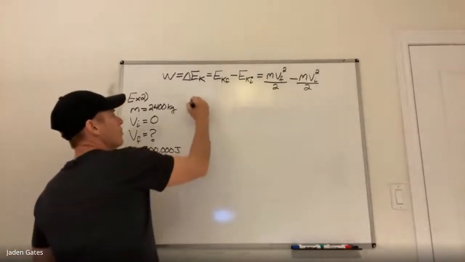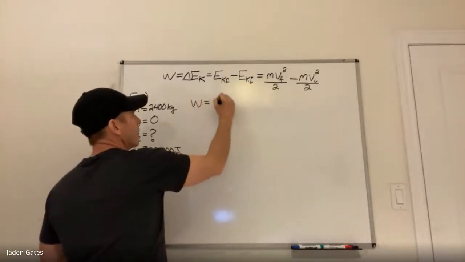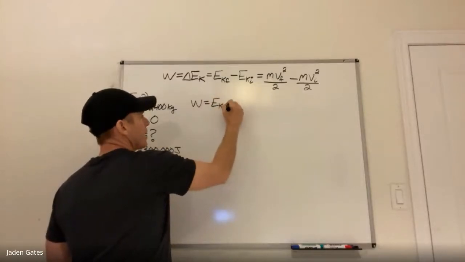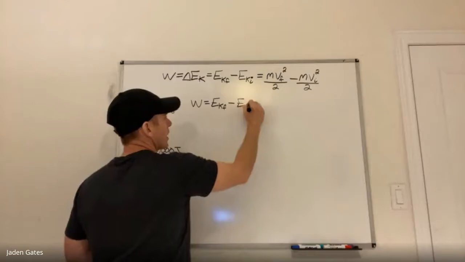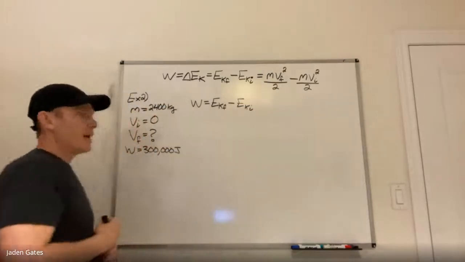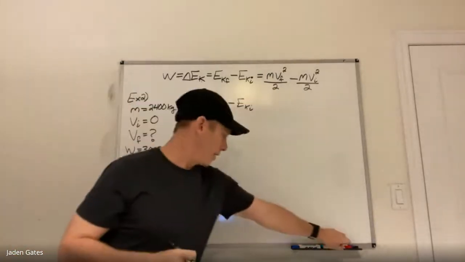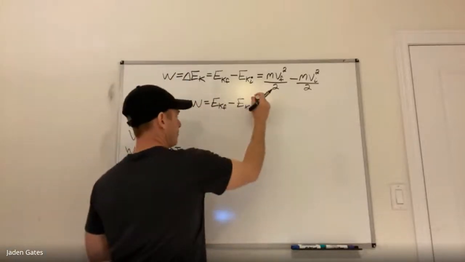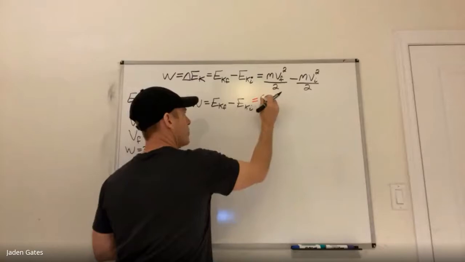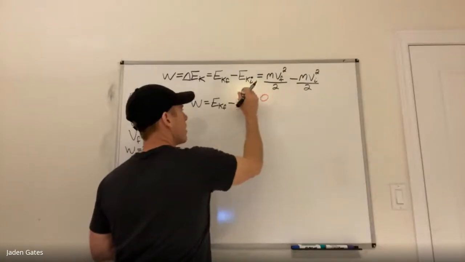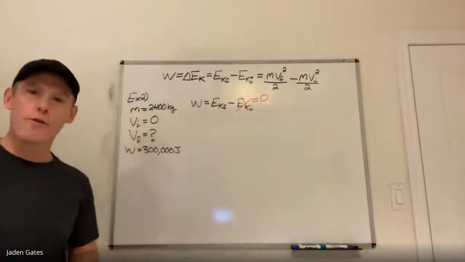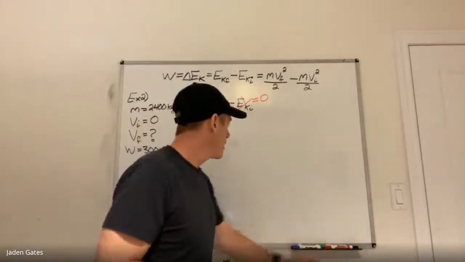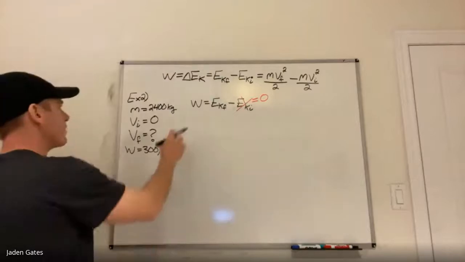And so what we're looking at is work equals our final kinetic energy minus our initial kinetic energy. I can simplify this and get rid of my initial kinetic energy because our object's not moving. It's at rest initially. All right, so I can substitute into my formula.